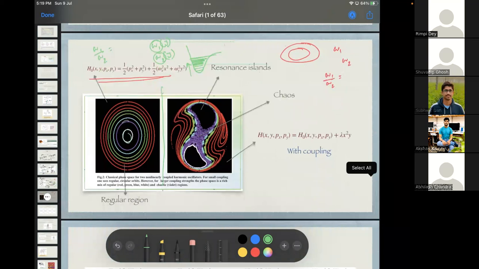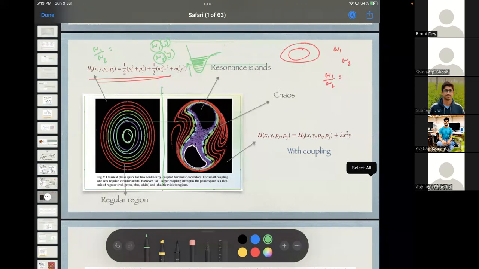All the closed curves are at different energy. At smaller energy, the ellipse will be smaller. At higher energy, the ellipse will be larger, like this, because the J1 and J2 values will be increasing. So that's why all will be closed curves.